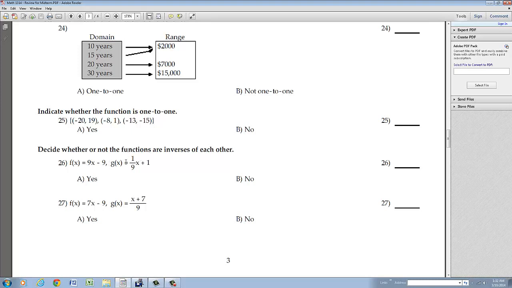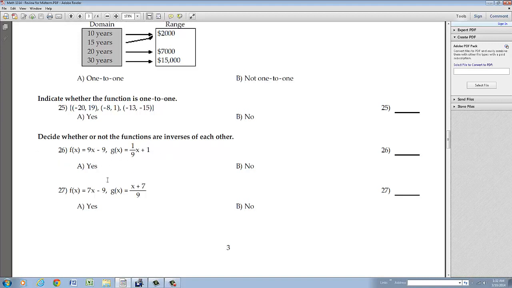So that means you're multiplying this by 9. If you do, that's going to give you x plus 9, and then minus 9 is going to give me x. If you put this in here, multiplied by 1/9, I get x minus 1, and a 1 gives me x. So this one works. Yes, they are inverses.